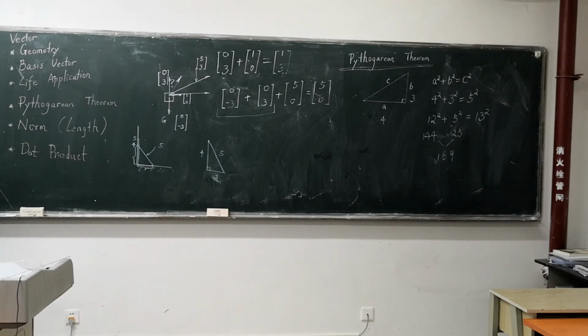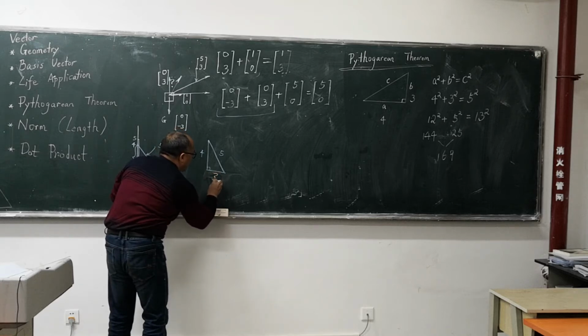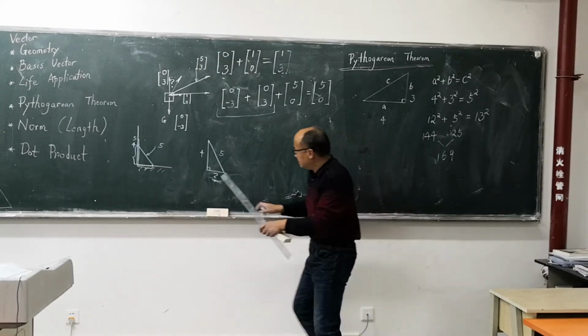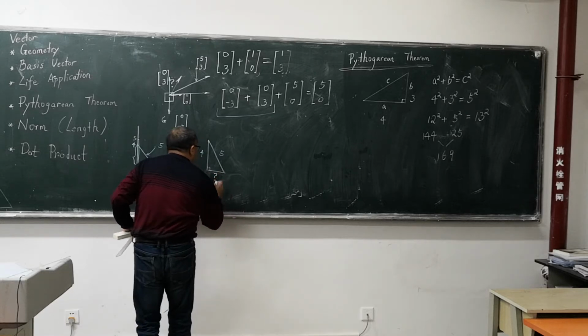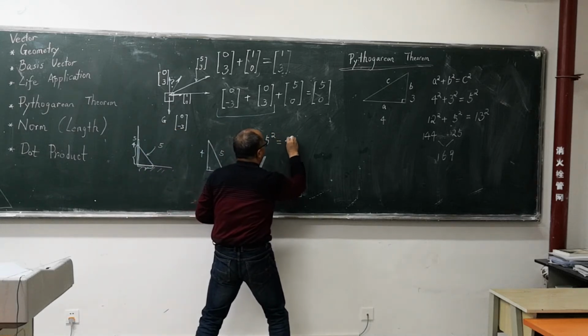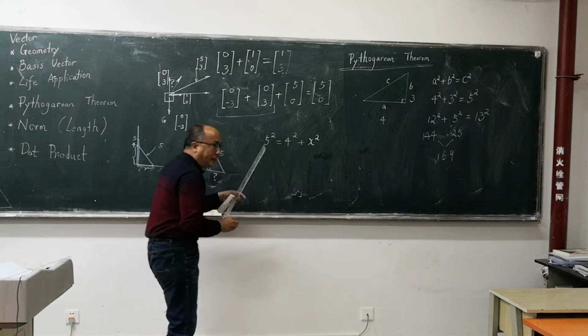And from here to here, what's the distance? We don't know, it's X. But Pythagorean said 5 squared plus 4 squared, plus this, are equal.